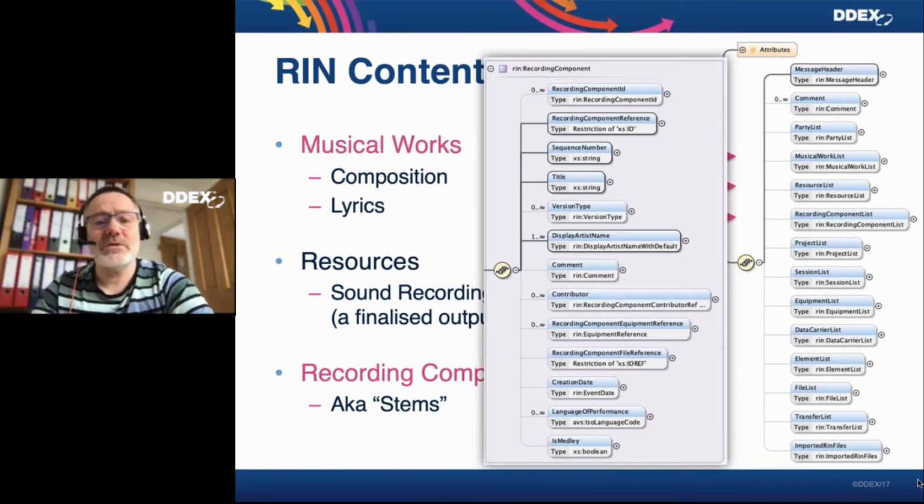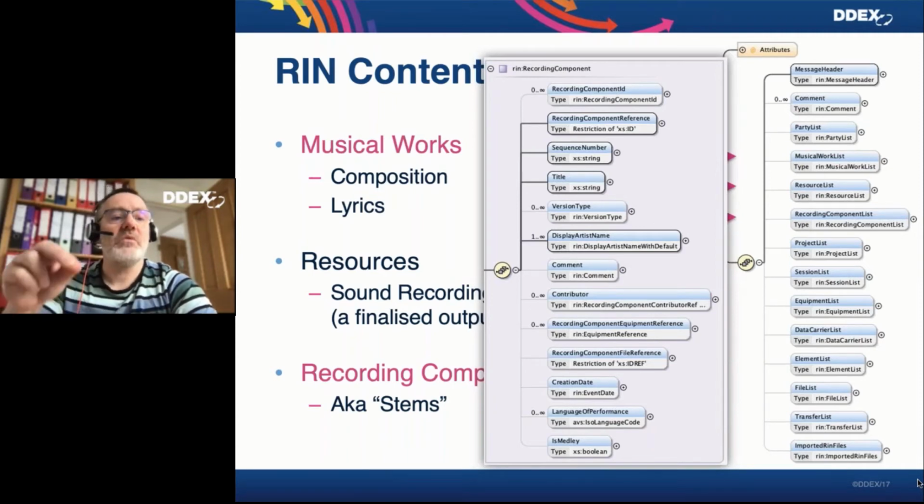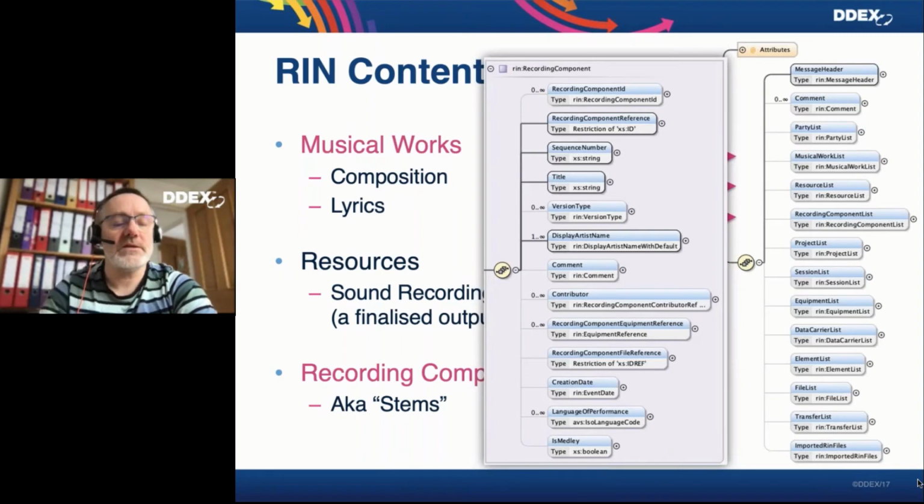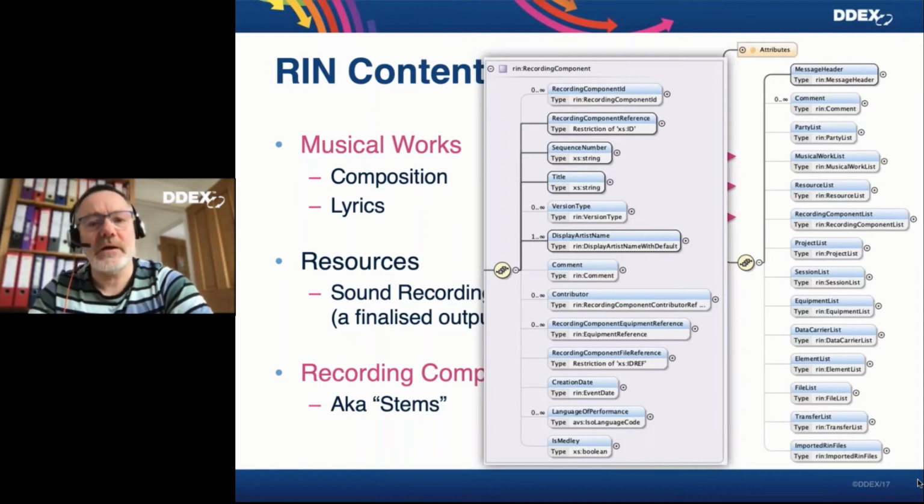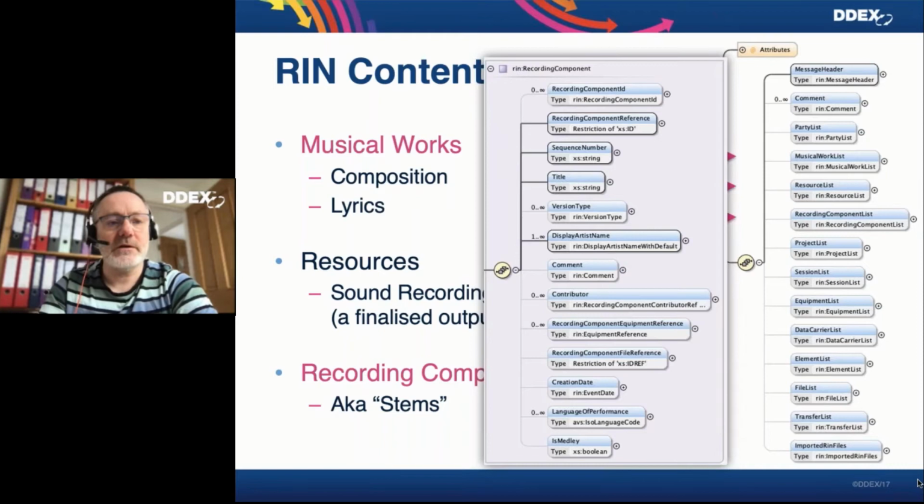You need a sequence number, you need to have a title, and you need to have a display artist name. The artist for whom the whole thing is destined to become a sound recording. Whether that then will be the display artist name on the sound recording, that's a different matter. But at the moment of creating this stuff, that's the artist that people think this is a recording for.